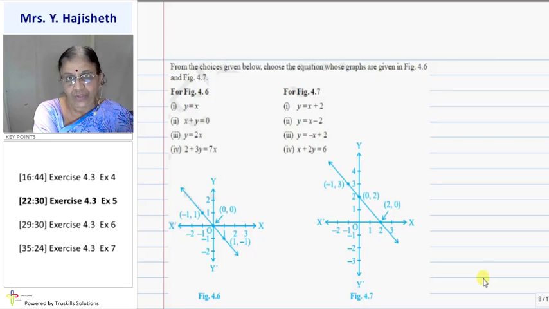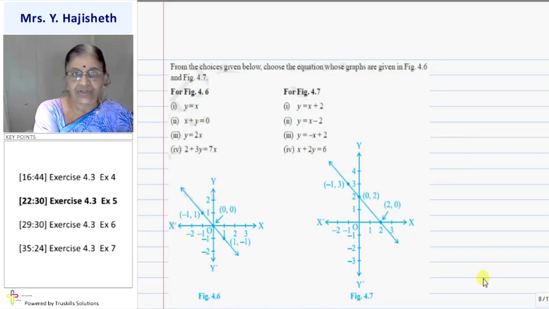0, 2 does not satisfy my y is x minus 2. But 0, 2 is satisfied by equation number 3. So what is my correct equation? I think y is minus x plus 2, because it is passing through 2, 0 also, and it is passing through 0, 2 also, and it is passing through minus 1, 3 also.